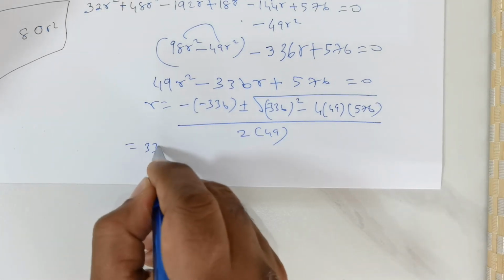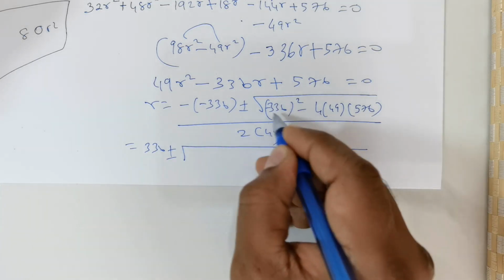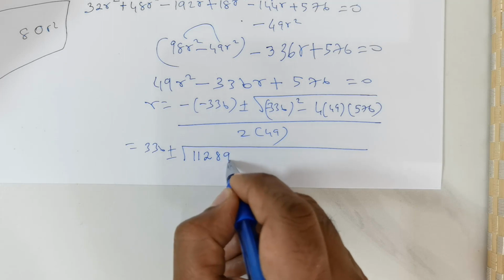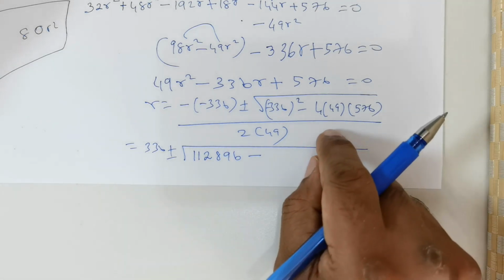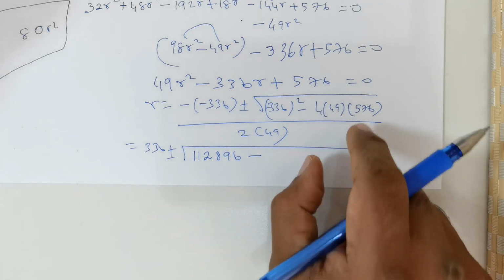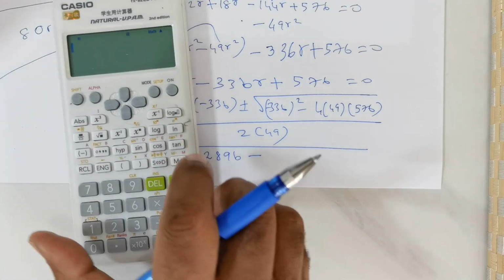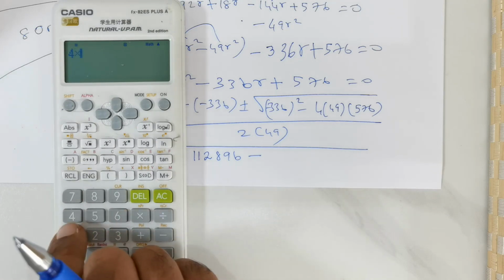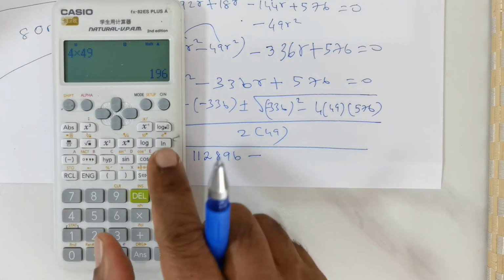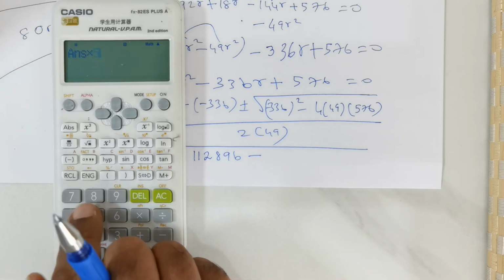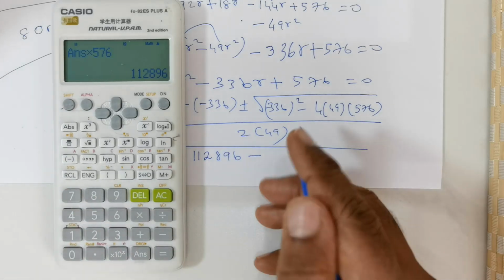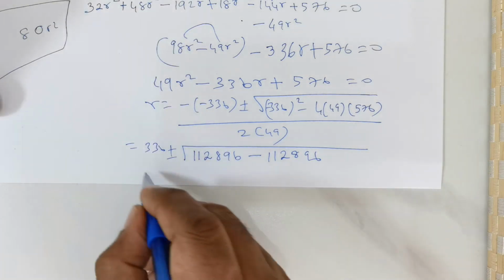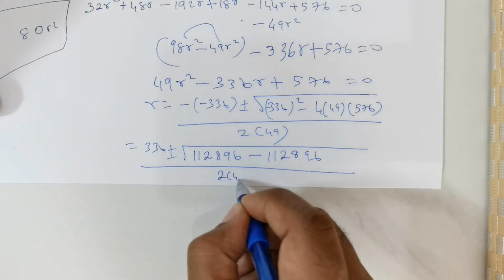So this is 336 plus or minus root of, you square this will give you 112,896, and then you multiply this with this. So let me show you that. So 4 multiplied with 49, that's going to give you 196. That has to be multiplied with 576. So you're getting 112,896 divided by 2 times, I retain it like that.